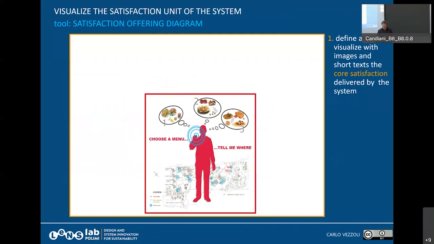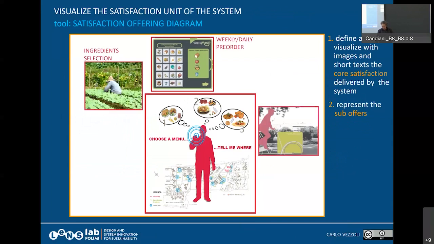Then you will be using a satisfaction offering diagram. This is a visualization tool. You may remember something, it is a kind of an advertisement. So in one shot, in one image, I should be able to present my proposal, okay? And since some of those proposals are kind of radical in a way, the non-ownership or something that could be different from what we are used to, we should be able, through both visual imagination and a good slogan, to have a good introduction.